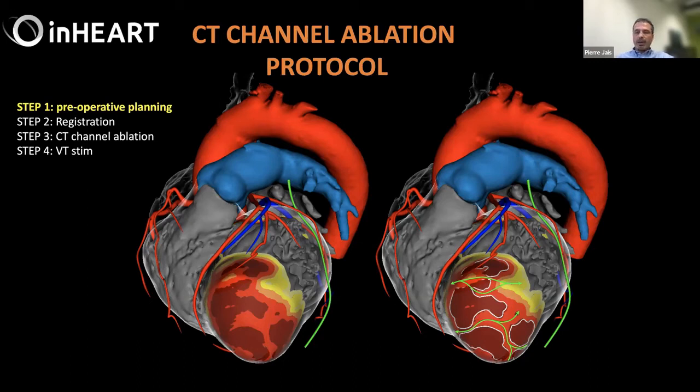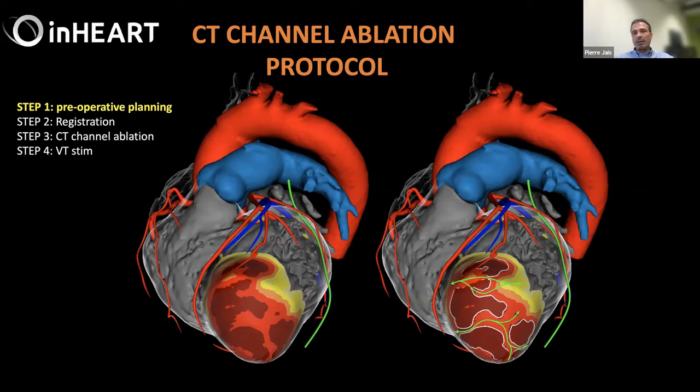So the idea is that these dark red areas are very unlikely to play a role during VT, because their conduction properties are just too bad for that. And so the slow conduction area that sustains the VT circuit is more likely to happen in areas where there is a little bit more wall thickness, so that there are probably not just fibrosis, but also surviving bundles of muscle.